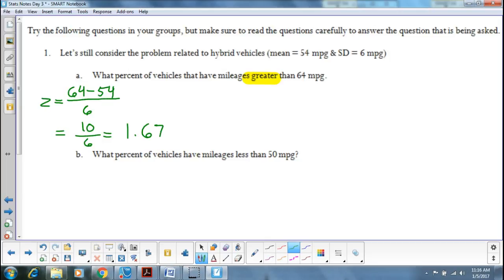So 1.67 tells me then that if I go to my z-chart, I'm on the positive side, correct? So I go down to 1.6, and then I go over to 7, and I get 0.95254.